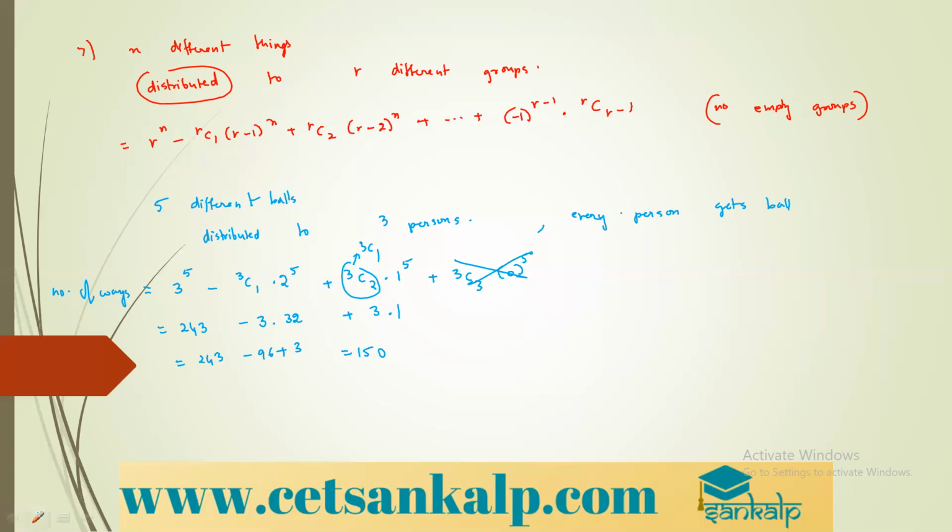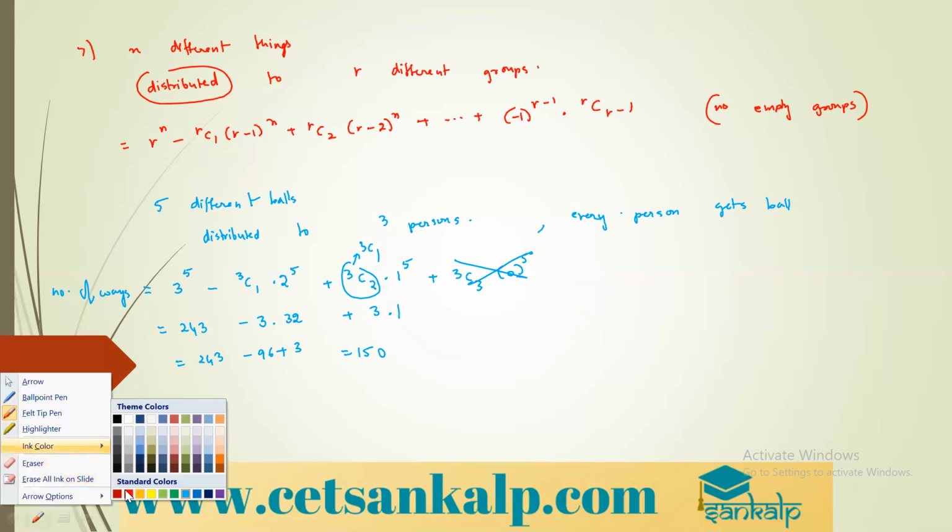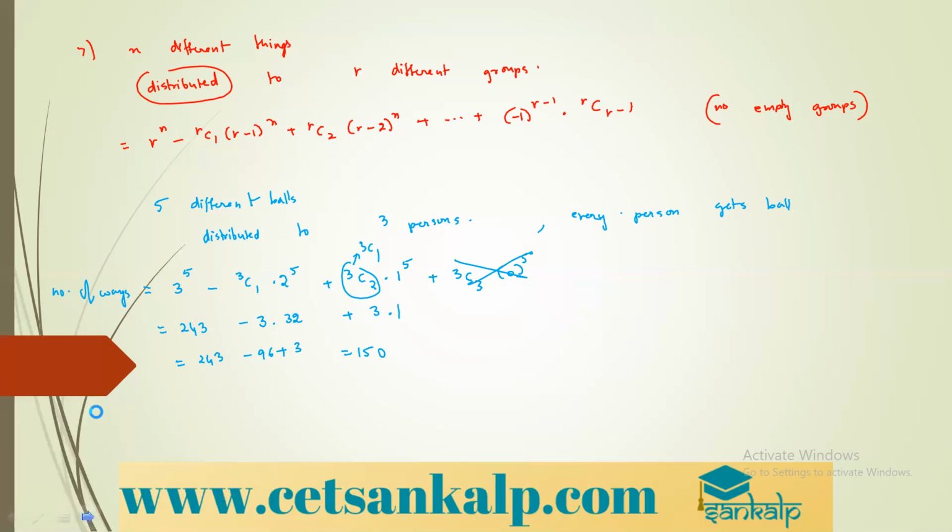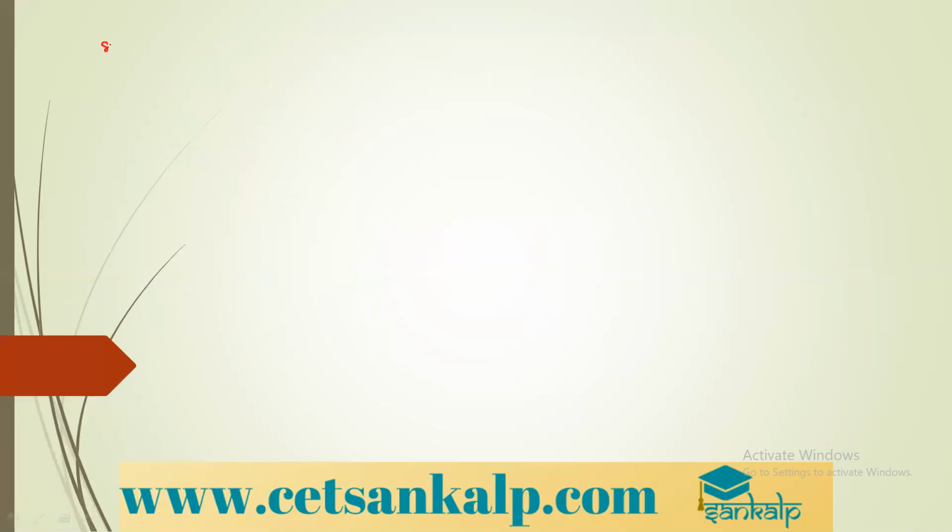So coming to 8th shortcut formula of today. Again we will take n different things. These n different things are distributed. Here also distributed. But this time into r different boxes. These are not groups, persons.